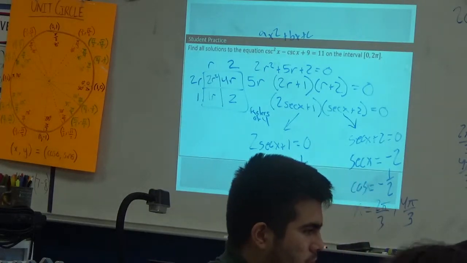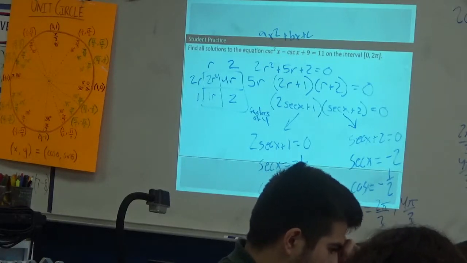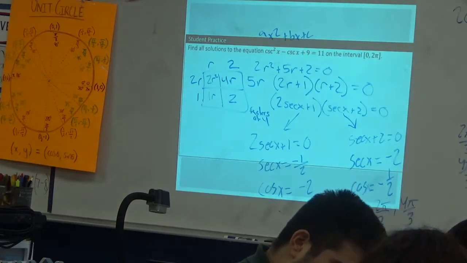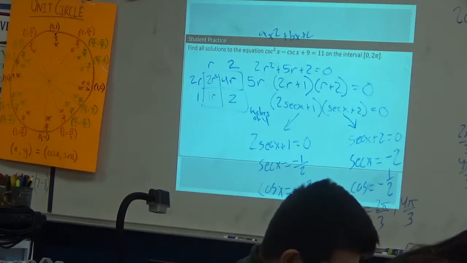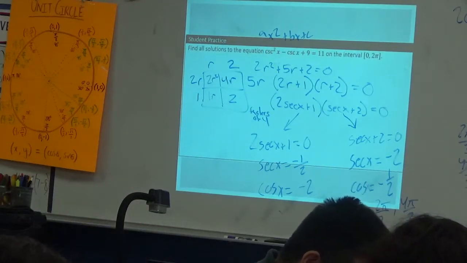Call this r. Just call it a variable for now so that you can factor it. So 2r squared plus r. How would you factor something like that? Use the box.